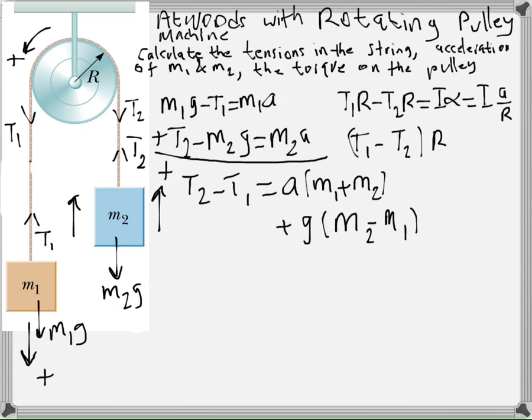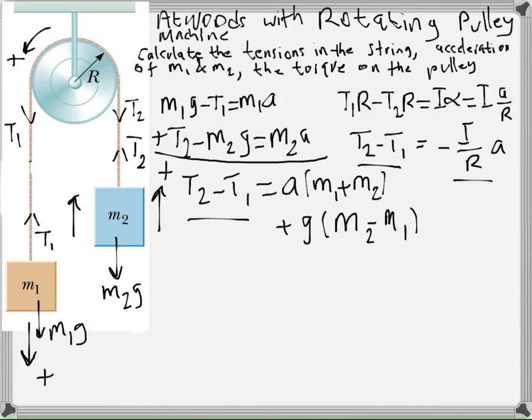Well, if you think about this equation, then let me erase this. You can express T2 minus T1 from the third equation as minus I divided by R times A. So you have T2 minus T1 from the first two equations and T2 minus T1 from the third equation.